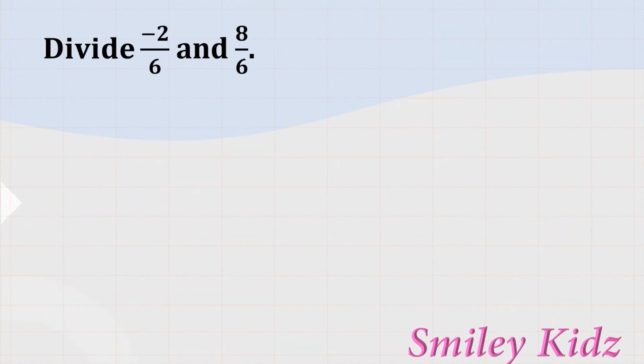Let's see a few more examples. Divide minus 2 by 6 and 8 by 6. So do not forget the code LCF. Now let's solve this. Minus 2 by 6 divided by 8 by 6. Apply the LCF.